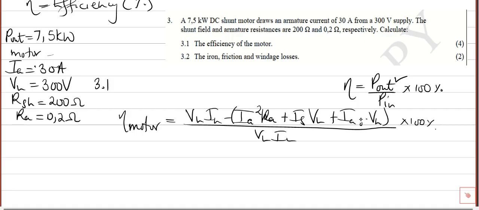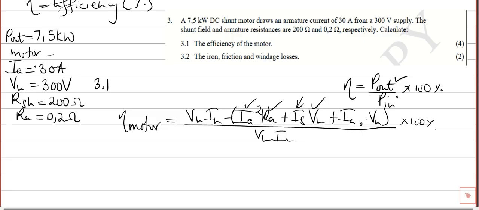Now, looking at this equation here, it's quite easy to find some information. Fortunately, they gave us IA, and we do have RA. We have information which can assist us to find I shunt. VL is given. But part of our challenges is we don't know how to find IAO. Looking at our data, it's not like they gave us the no load armature current or the load current. So unfortunately, this formula can't really assist us.